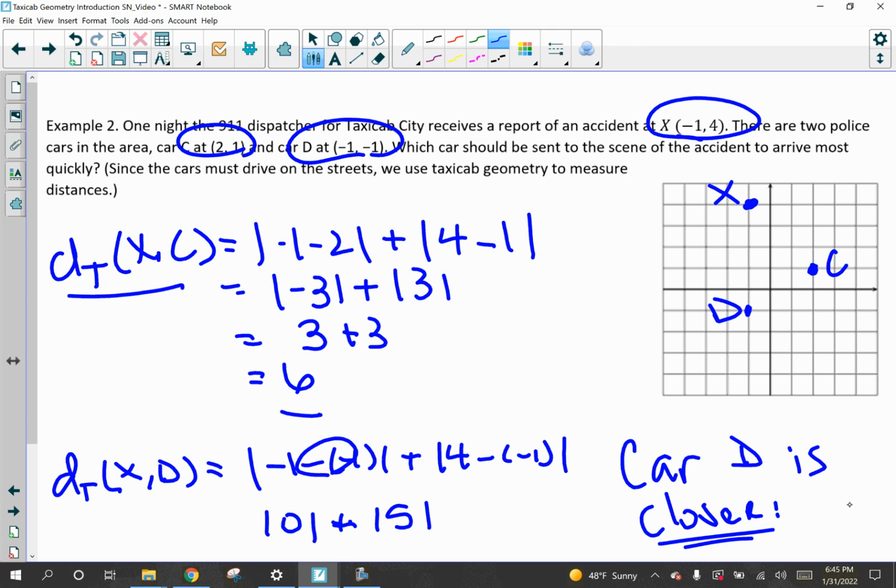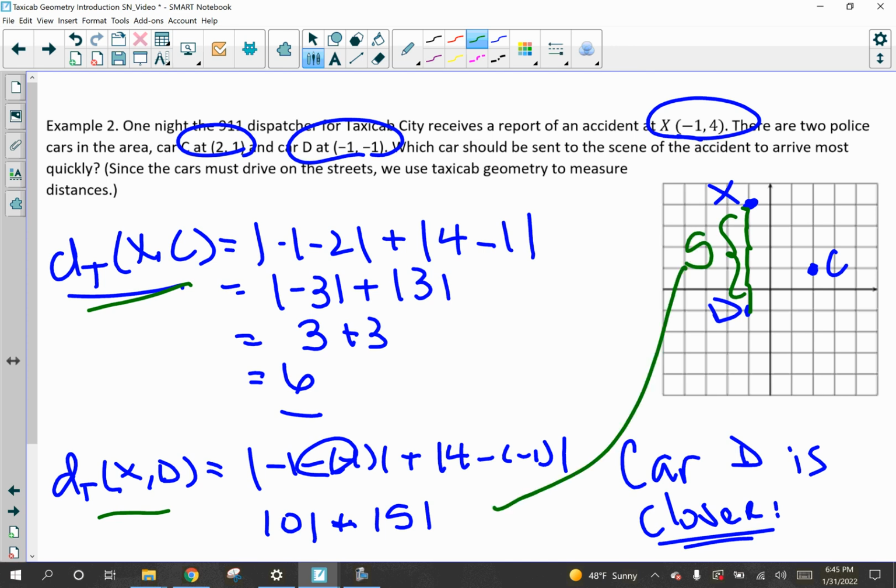Now, there is another way to do this, and let me show you. Some of you may ask, why are we graphing if we're not going to use the graph? But we will use the graph. Sometimes I'll force your hand and won't let you use a graph, because I want you to practice these formulas. But if you look at the graph here, how far is X from D? If you go 1, 2, 3, 4, 5, this is simply 5 units.